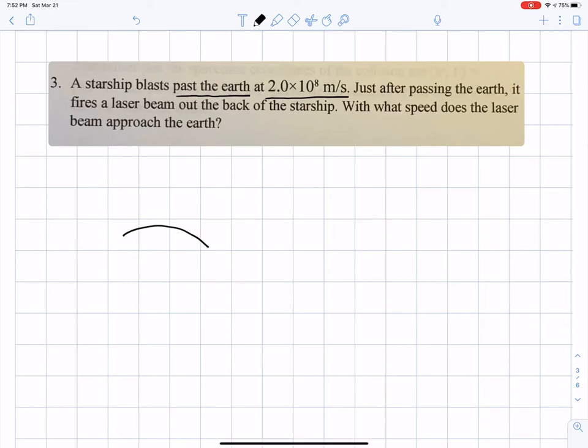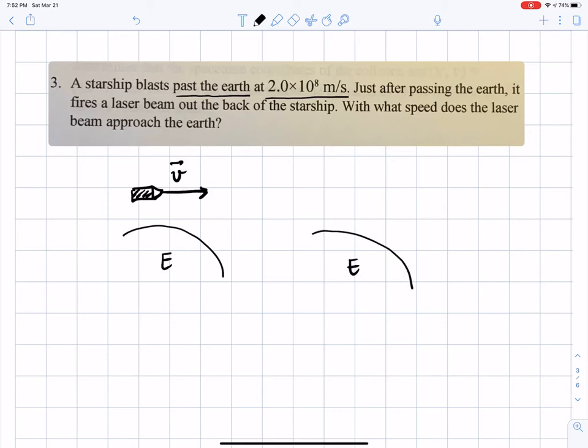So let's say here's Earth. The starship kind of comes and goes by, right? Here's your starship, something like that. It passes the Earth with this velocity v. And just after passing the Earth, I'm going to make another picture right here.